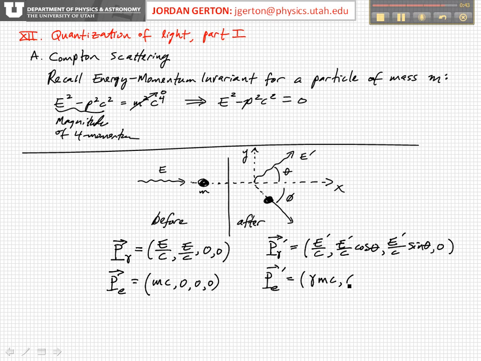And then its momentum is gamma mv, in the x direction it's cosine phi, and gamma mv sine phi in the y direction, and then 0. Okay, so those are the four momenta before and after.